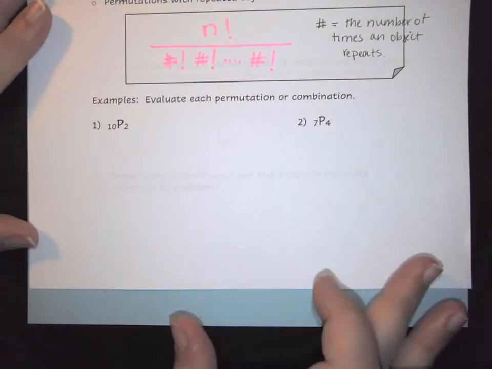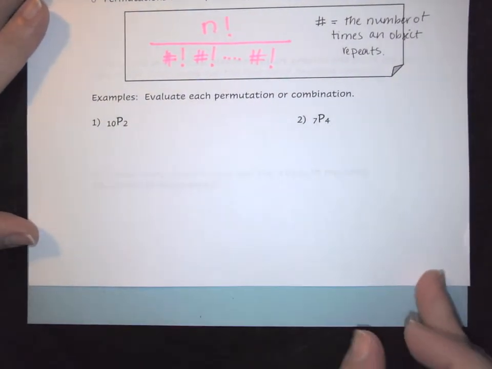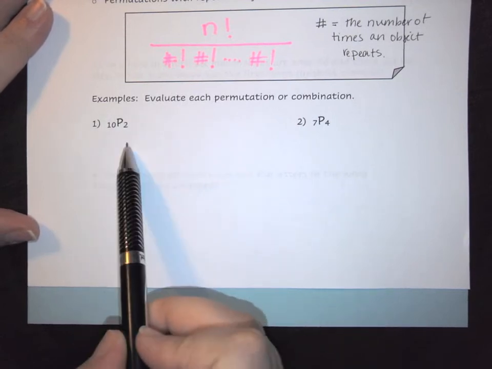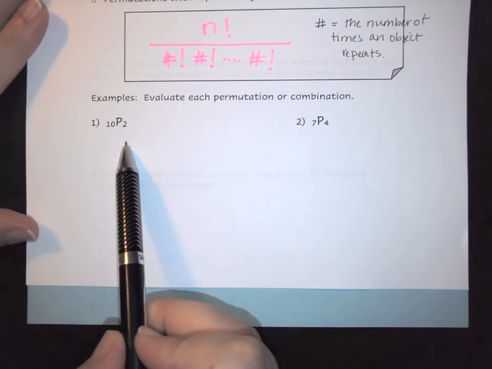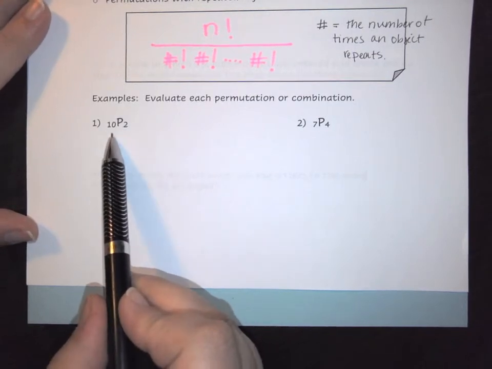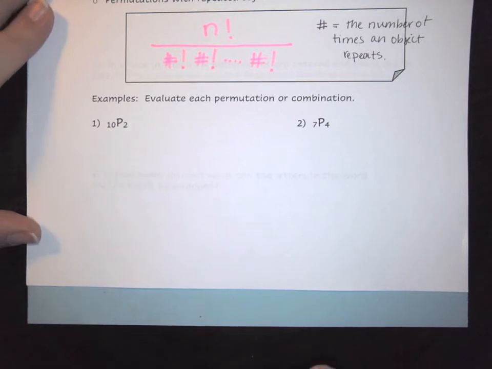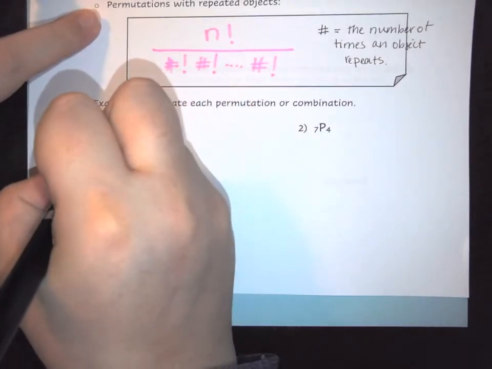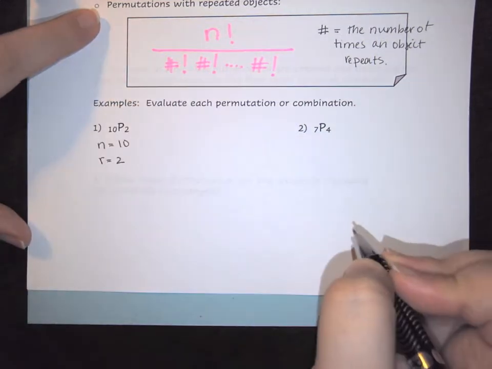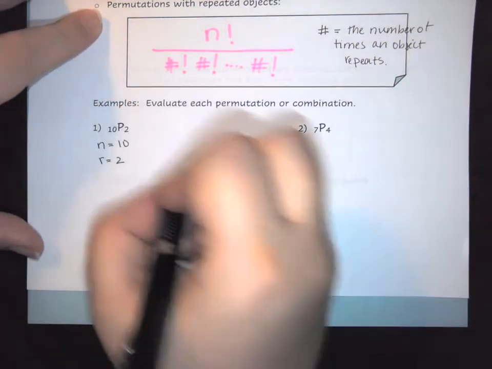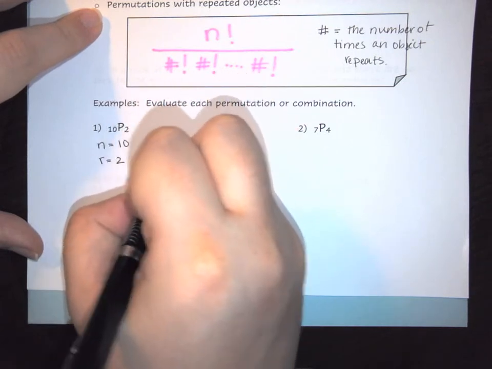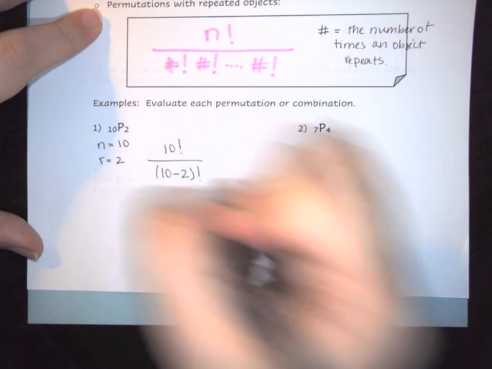What we're going to do is I'm going to show you a bunch of different examples so you can see how this works. So in the first, we want to evaluate your permutation. In this case, we have 10 P 2. The P stands for permutation. So what this is telling me is that n equals 10, r equals 2. So if I plug it into my formula, I would have 10 factorial over 10 minus 2 factorial.